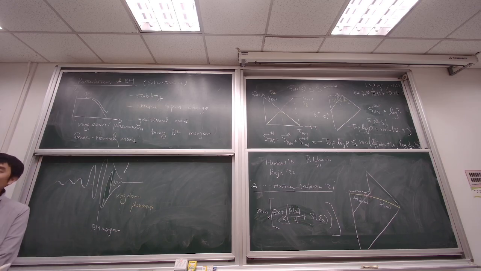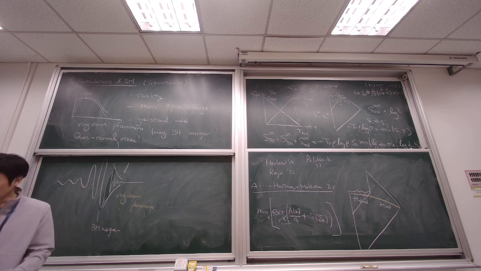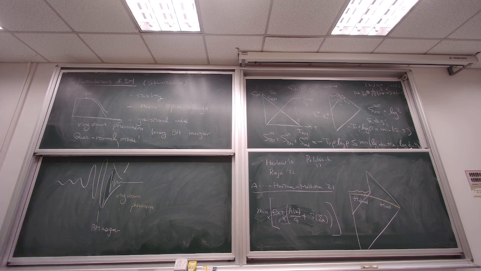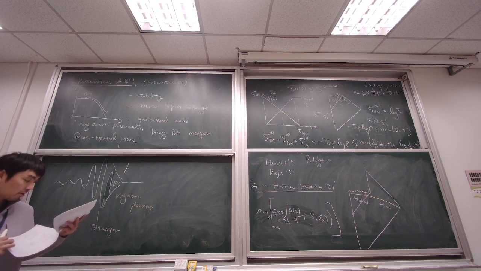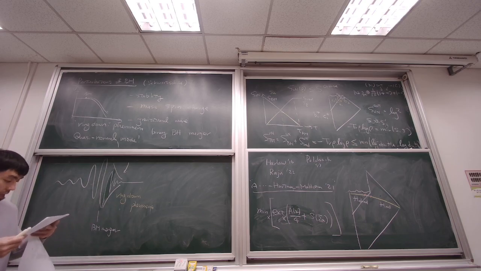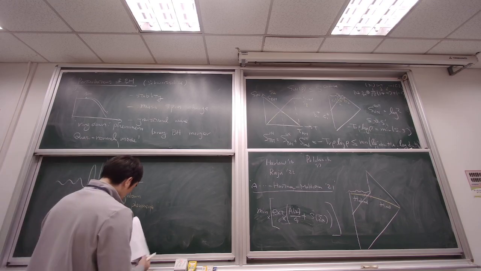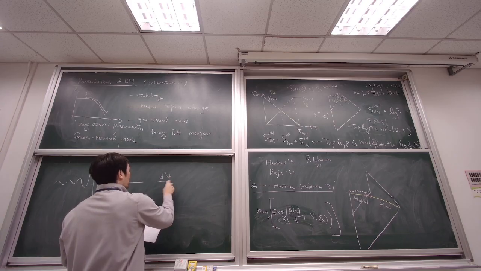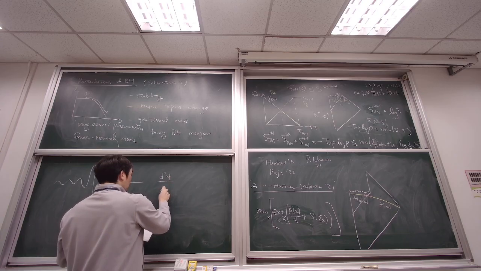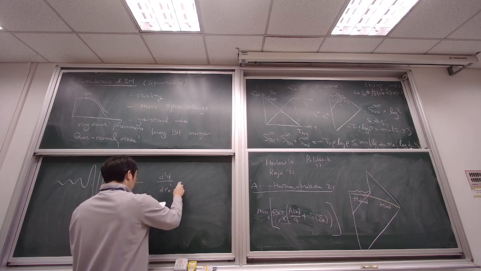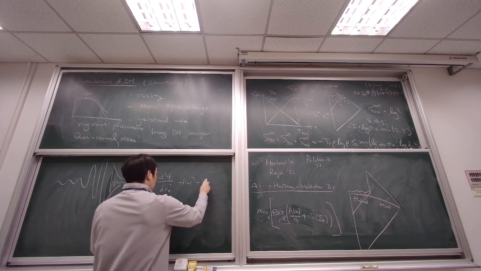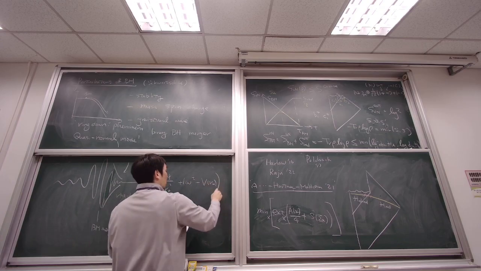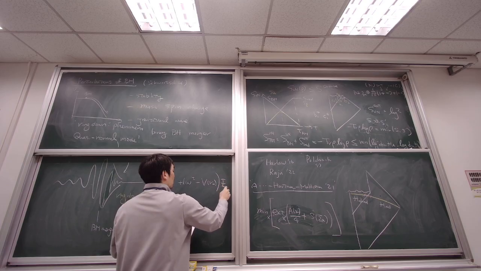There is a particular frequency, and you have to solve a Schrödinger-like equation: d squared psi over dr star squared plus omega squared minus V of r star times psi equals 0.